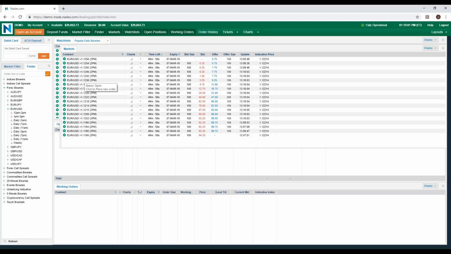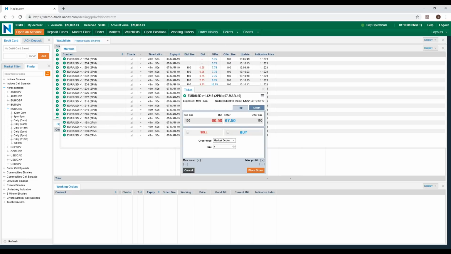But what I want you to understand is, a lot of people will do that. They're like, hey, with binaries, if I hold to expiration, it's all or nothing. And I just can't stomach the thought of when I see that max loss, knowing that at that moment of expiration, I could be down that much. So this number that's listed right here is always your max risk.